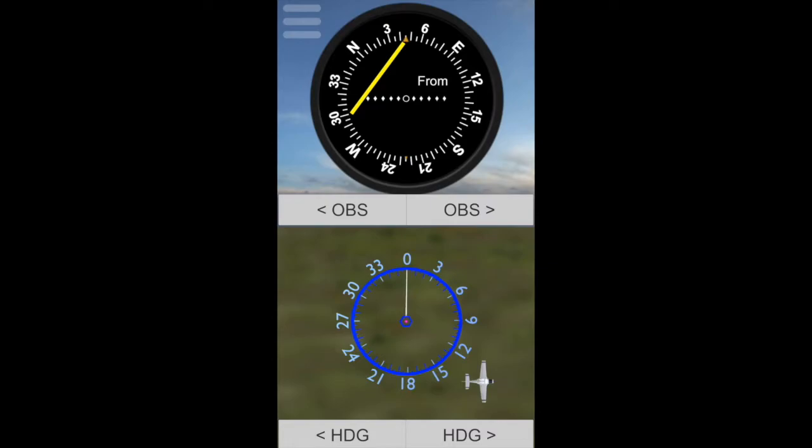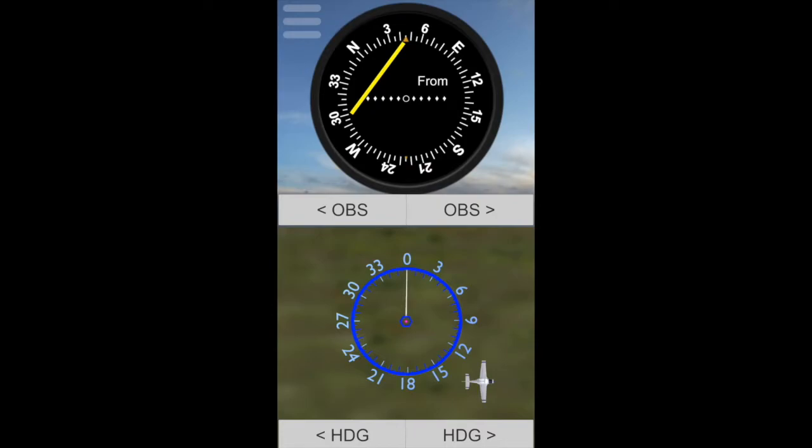Again, these are radials, not directions, in the sense that we're not telling you to go towards heading 270. We say radial 270 inbound. Any radial is a line with an arrow sticking out of the VOR station itself. The 270 radial is that line coming out of the VOR station going west.